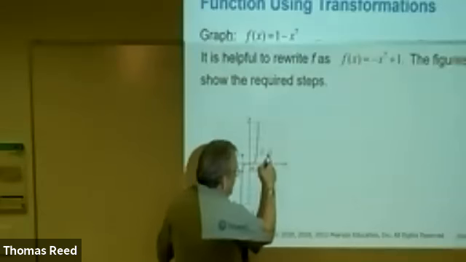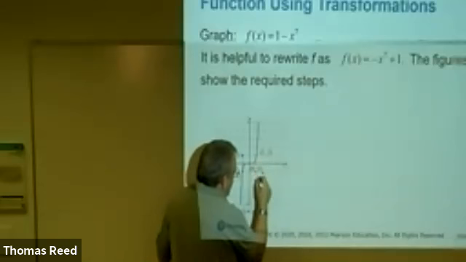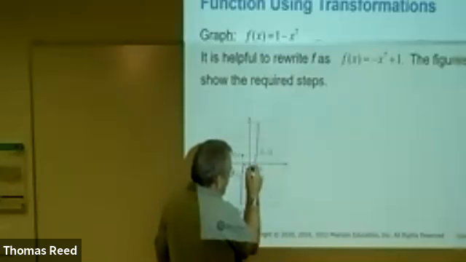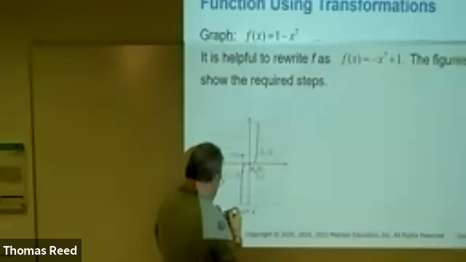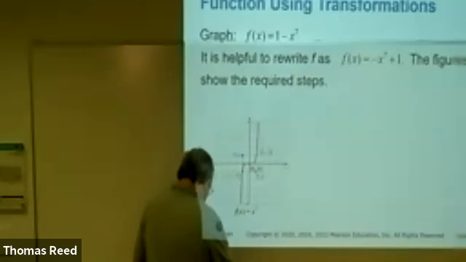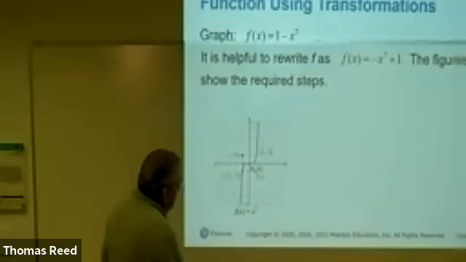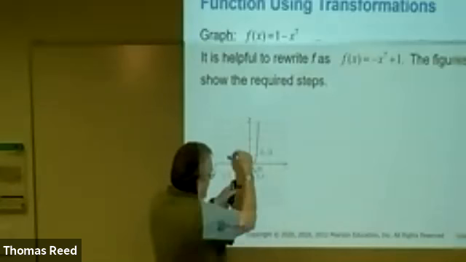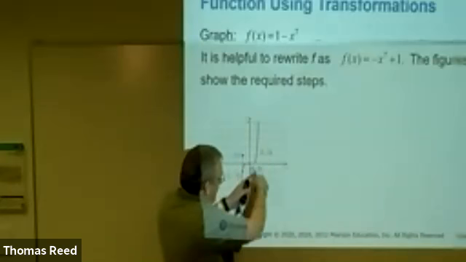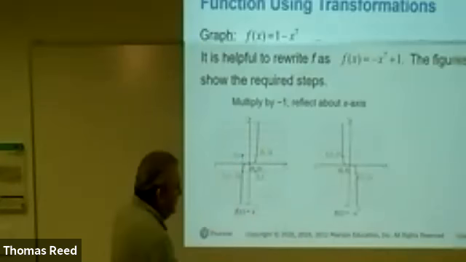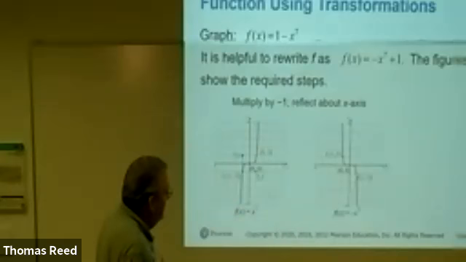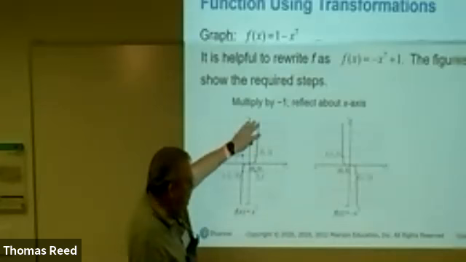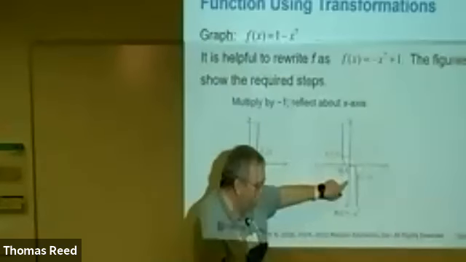So multiplying this y value by -1 gives me 1, -1. And 0, 0 doesn't change. So now, instead of going down to the left, it's going up to the left. Instead of going up to the right, now it goes down to the right. And so this is our graph now. Where it was negative is now positive, and where it was positive is now negative. So that's what happened here.